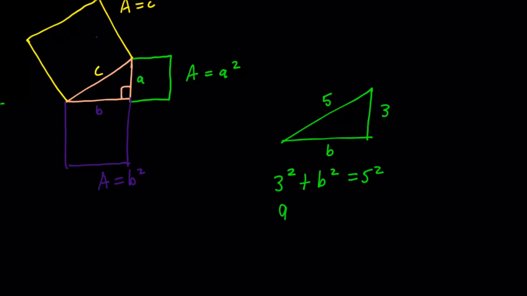Alright, so we have 9 plus B squared equals 25. And we can subtract 9 from both sides. We get b squared equals 25 minus 9, which is 16. And then if we take the square root of both sides again to get our b, we get b equals 4. So in this case, b equals 4. So there's a couple of examples using the Pythagorean theorem.